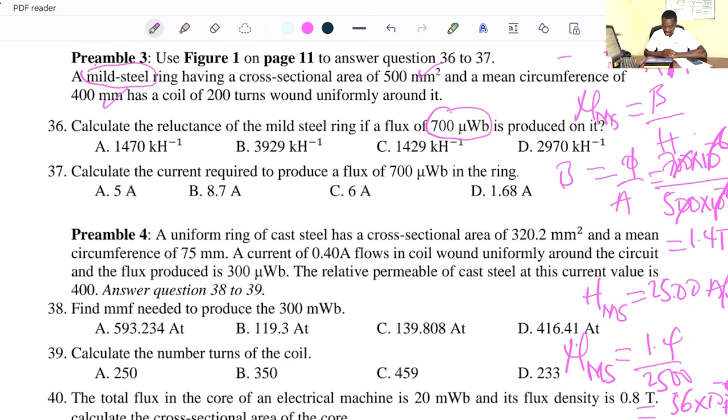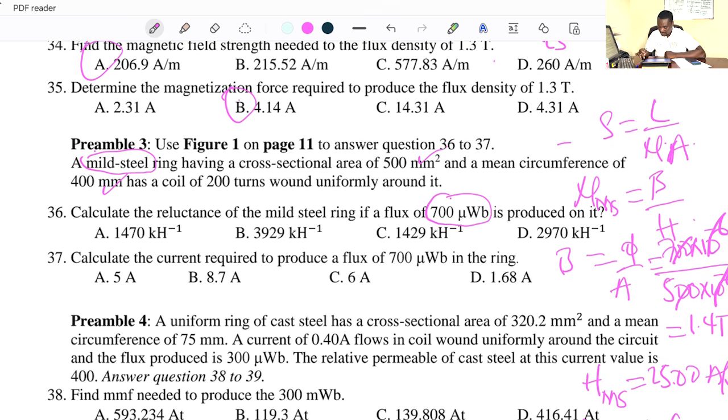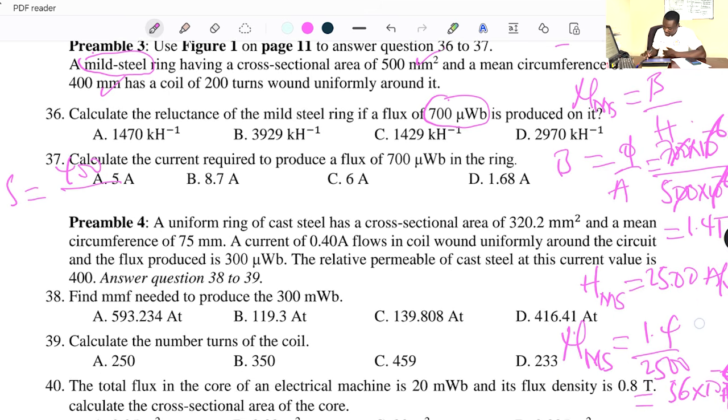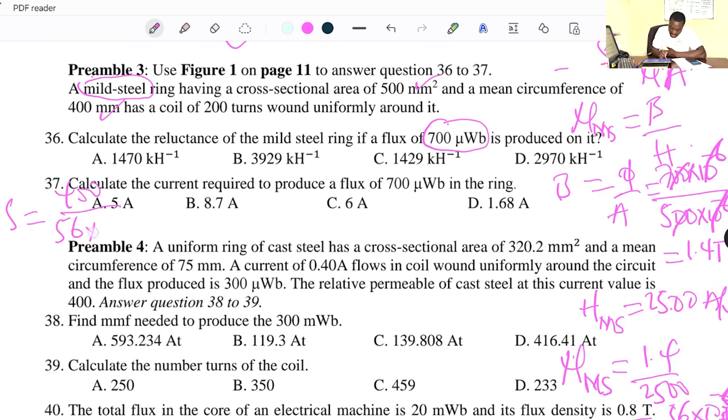So how do we move from there? Now I can go and get the reluctance, right? So I get the reluctance and I have the length, which is 400, over my absolute permeability, which is 5.6 times 10 to the power minus 5, times the area.